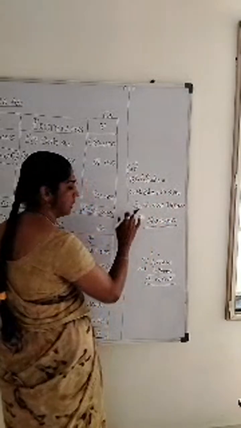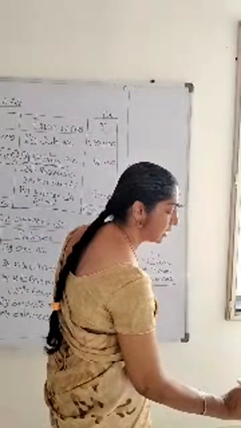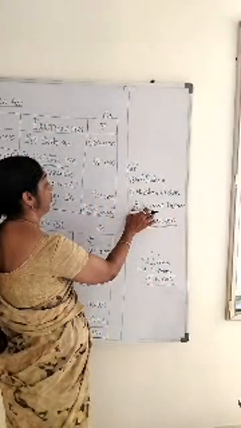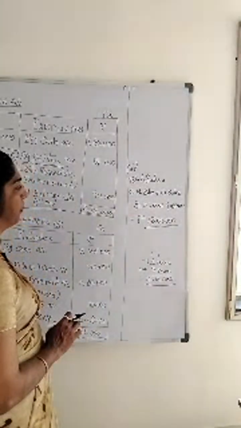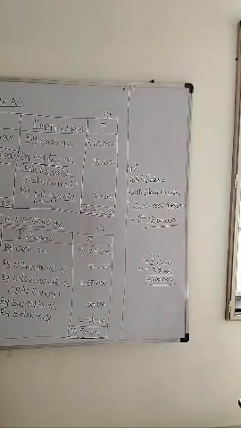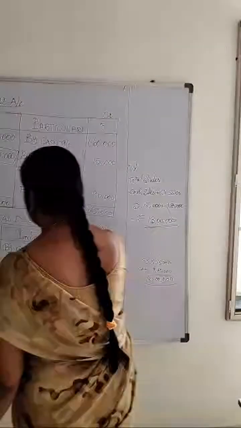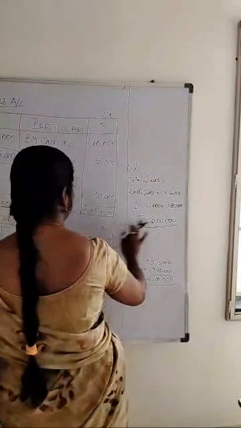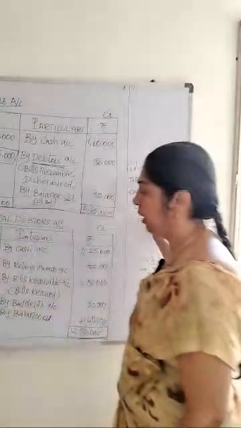What is the cash sales? Given in the question, cash sales is 3,15,000 rupees, entered. Credit sales, we just found from the total debtors account, that is 9,85,000 rupees. Okay.